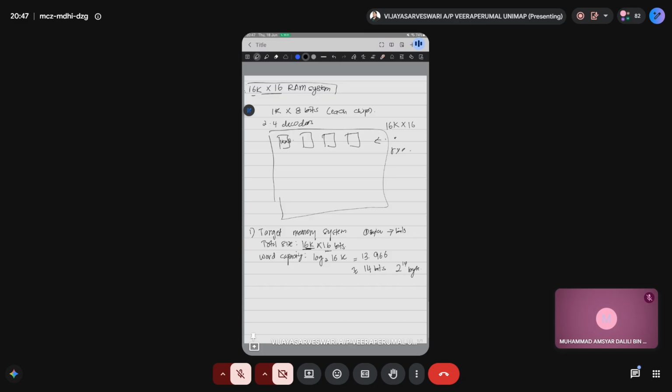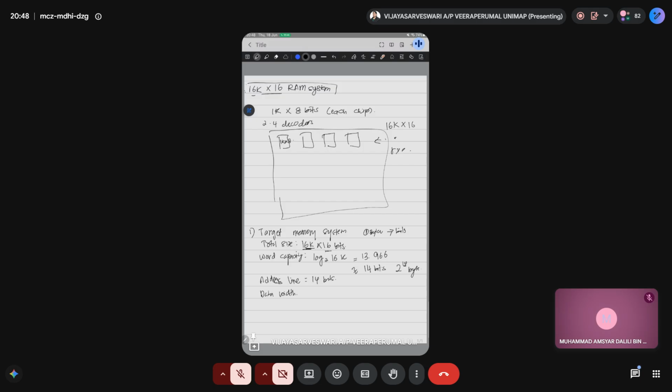Once you have your word capacity, we go to the address line. For the address line we just take this one, 14 bits.